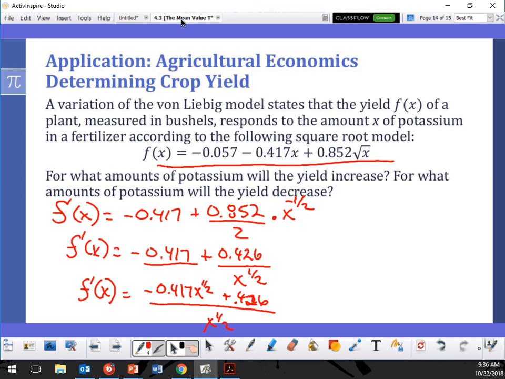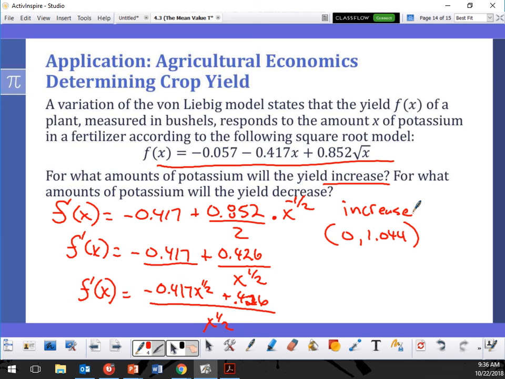Yeah. So it's positive. So it's an increase from 0 to 1.044, it is positive, right? So it's increasing.